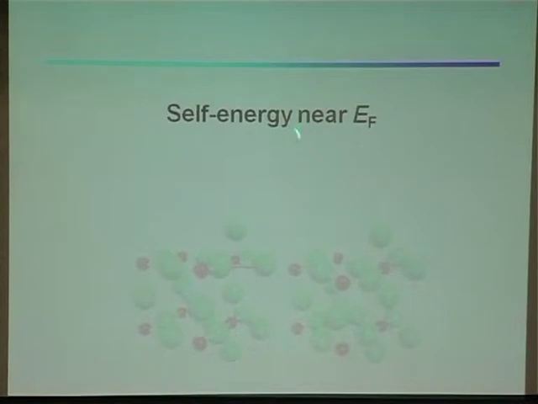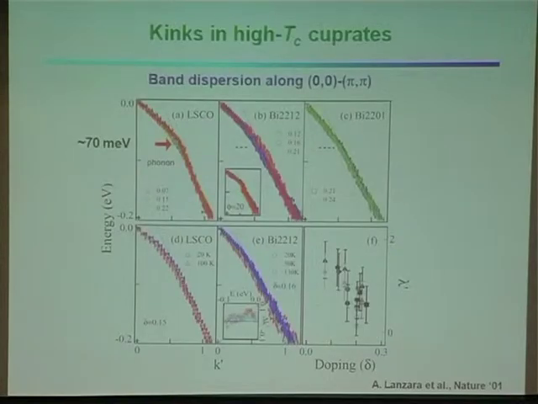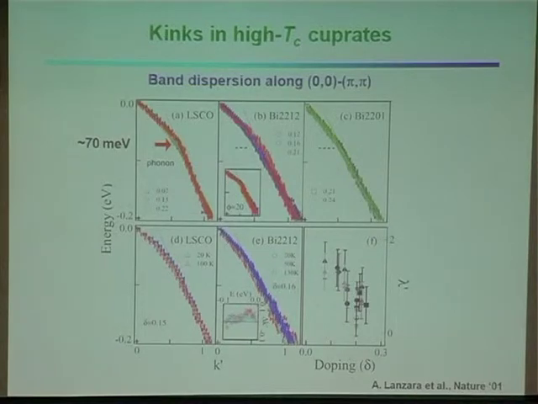Okay, so first, the low energy part near the Fermi level. The self-energy can be conventionally deduced by measuring the band dispersion and the peak width, to deduce the real part and imaginary part of the self-energy.